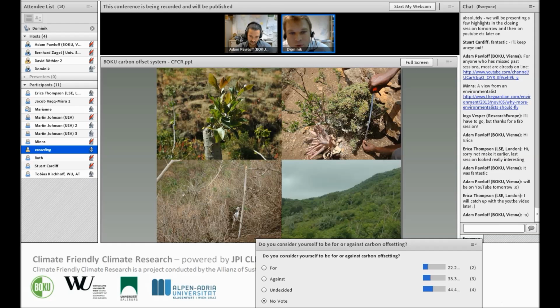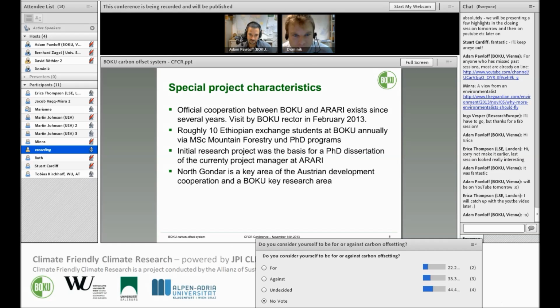And there were quite good results. Here you see some pictures of the area. You see how the trees are growing, and also what was done there was an initial carbon monitoring, to see which plants are already there, what is the carbon stock, the so-called baseline in the carbon projects world.